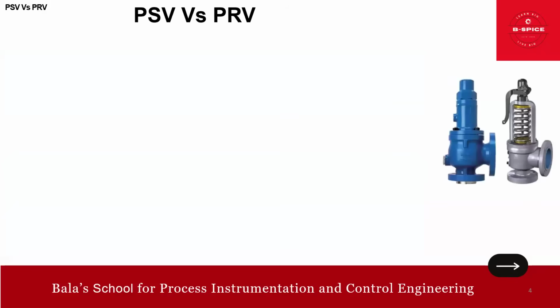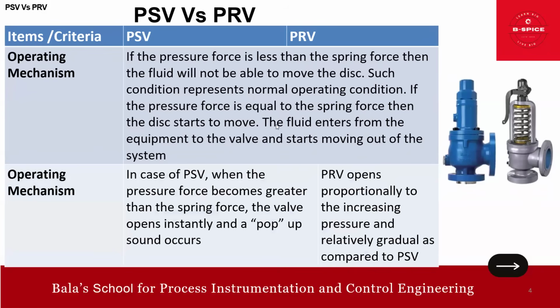Then a few more points to add on the mechanism. If the pressure force acting here is less than the spring force, then the fluid will not be able to move the disc. Such a condition is a normal condition, right?